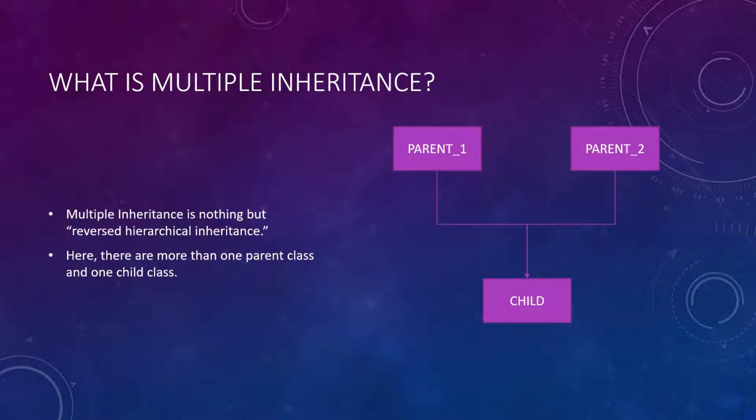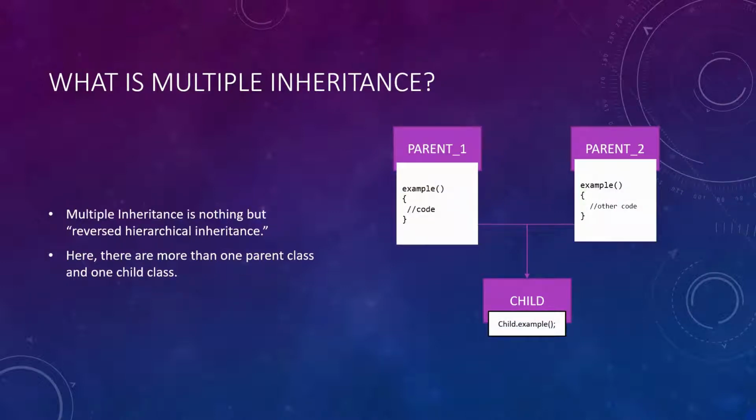This is because there may be situations where parent 1 and parent 2 both have the same method, or a method with the same name. Here we have the method example with the same name in both parent 1 and parent 2. So what if the child inherits parent 1 and parent 2 and calls the example method?